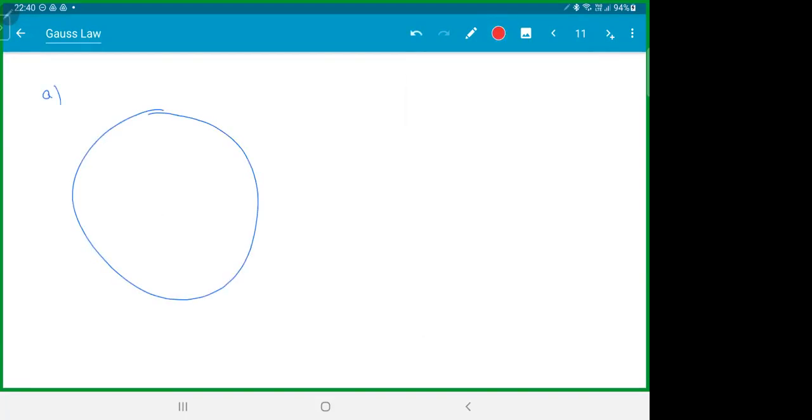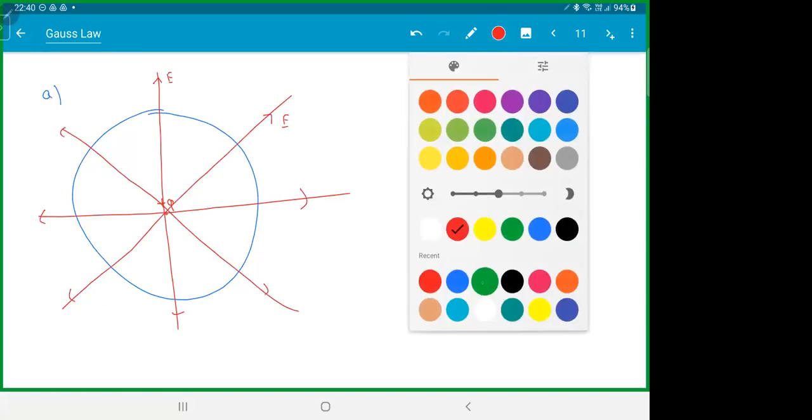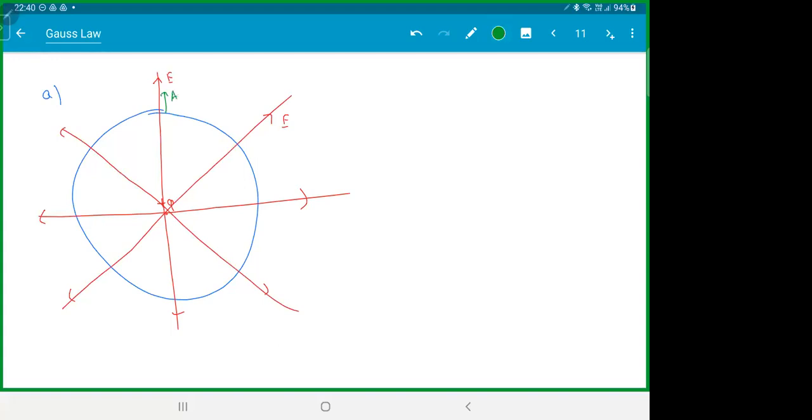So if you keep the charge at the center, how is the field? Like this, no? Field is radial. How is the area vector? Area vector is also radial. So at every instant, the angle between E and A is the same, 0.